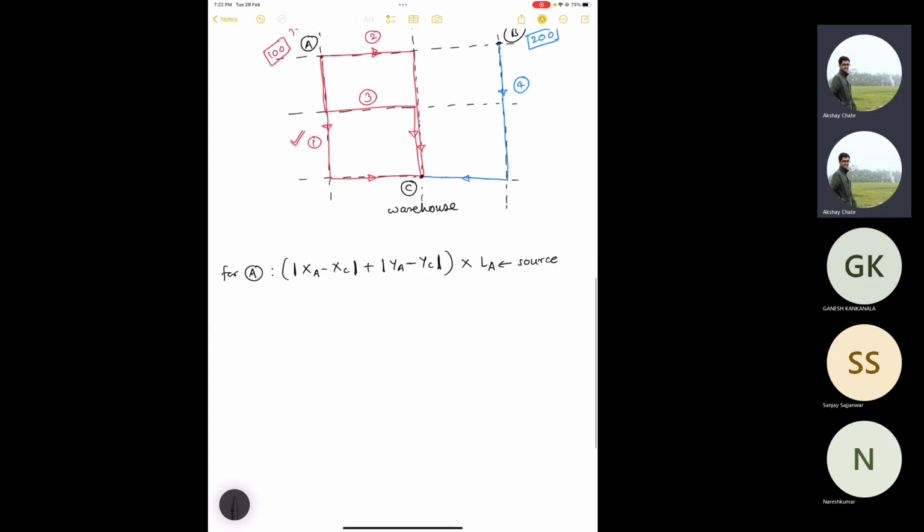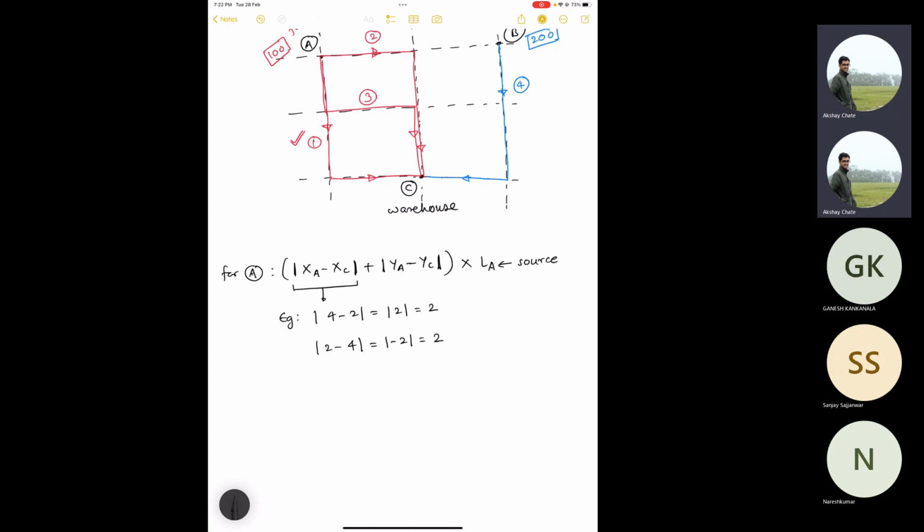If someone doesn't know what this mod function is, I'll give you an example. Let's say I have mod of 4 minus 2, so that is mod 2, which is 2 only. But if I have 2 minus 4, the subtraction will give you minus 2, but since it's a mod function, we will take it as 2 only.